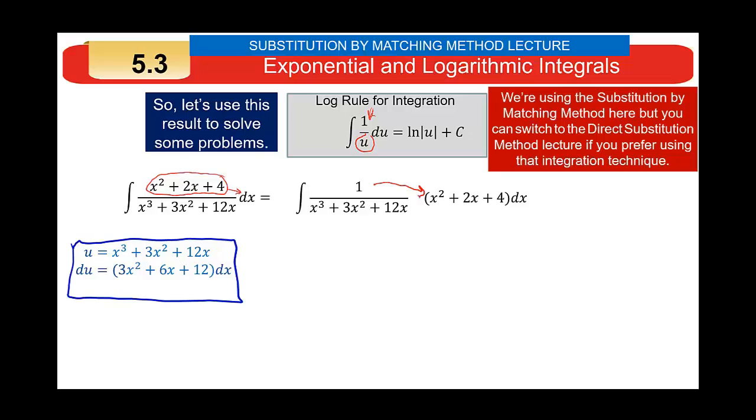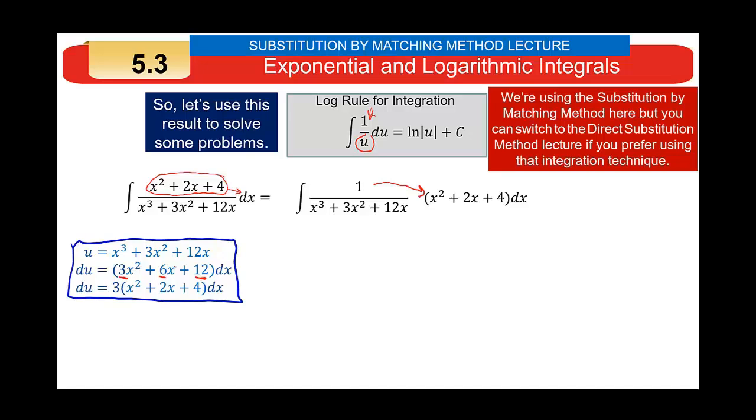It looks like I don't have a match, but that doesn't mean that things are hopeless, because we've learned in the past that if you see a common factor in the differential, you can factor that out, and that might help. So there's a common factor of 3 on the right-hand side of that differential, and if I factor it out, now I see where things are headed.